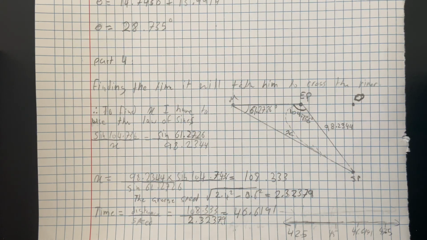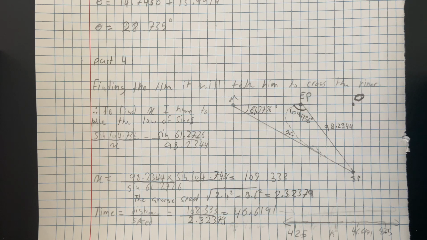Now the time is equal to distance over speed. So we need to find his average speed. His average speed is the square root of 2.4 squared minus 0.6 squared, which is equal to 2.32379.